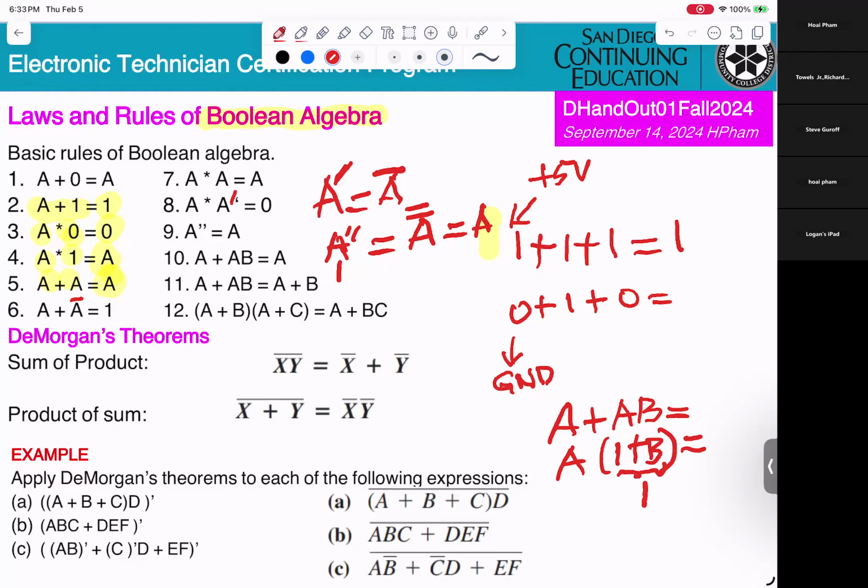Anything adding to 1 has to be 1. So it equals A. That's why, right here, A adding AB equals A. Okay, so let's see.